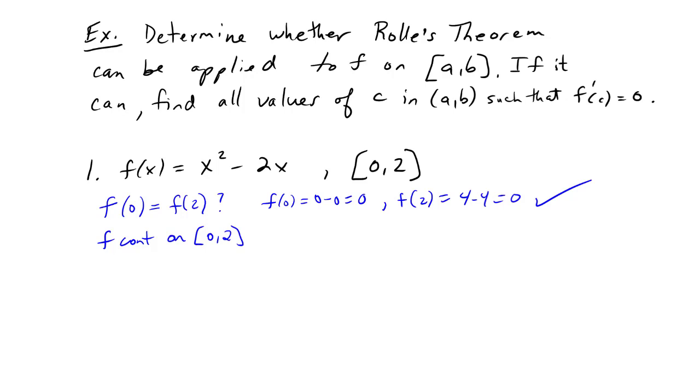That's just a polynomial, all right? It's continuous everywhere. And in fact, if I ask, is f differentiable on open (0, 2)? Yes, has to be. It's a polynomial, so it's differentiable everywhere.